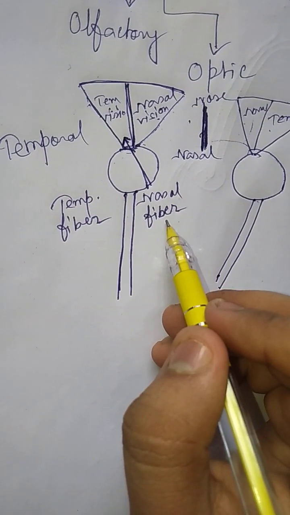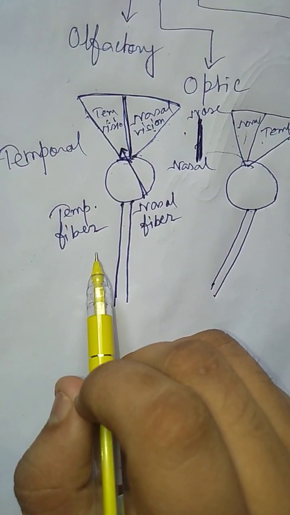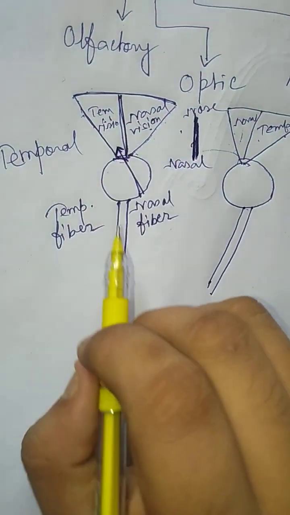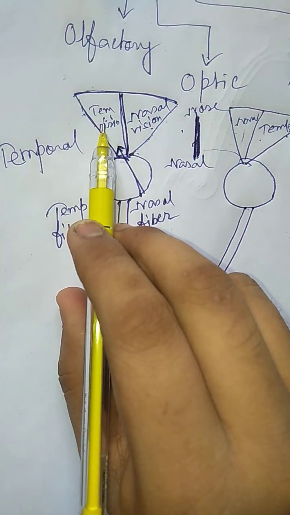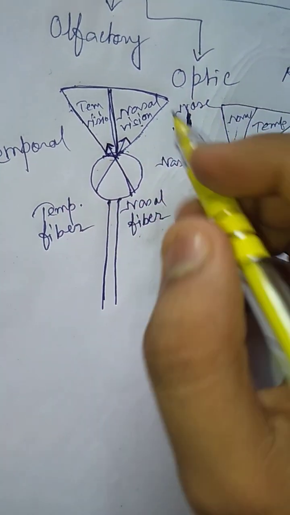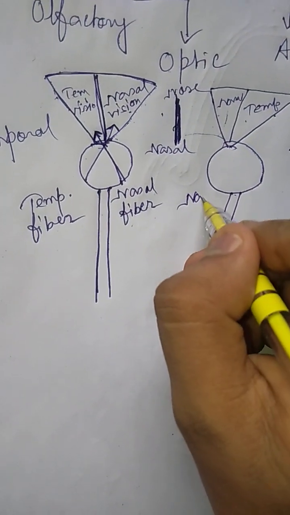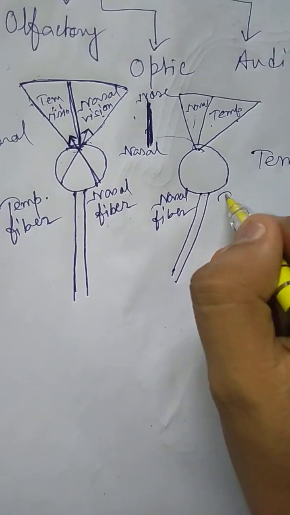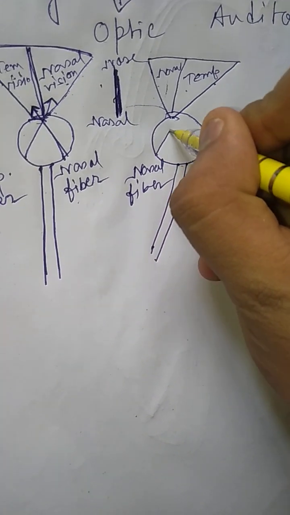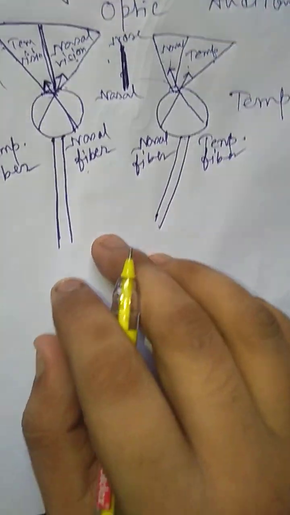The nasal fiber is responsible for the temporal field of vision and the temporal fiber is responsible for the nasal field of vision. Here also it is the same, nasal fiber, temporal fiber. The nasal fiber is responsible for seeing the temporal vision and the temporal fiber is responsible for seeing the nasal field of vision.